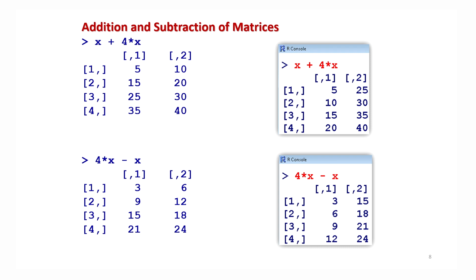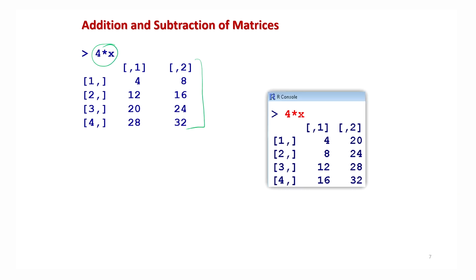The usual plus and minus signs are used in matrix addition and matrix subtraction also. So if I say x plus 4 into x, this will give us this. And if I subtract, 4 into x minus x, then this outcome will be like this.